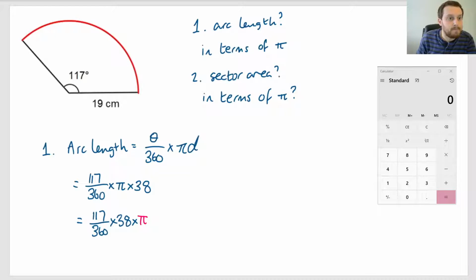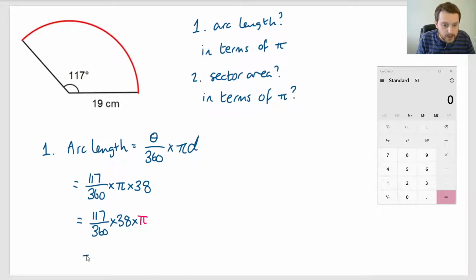So this pi is basically going to just hang around. All you're going to actually do is type in 117 over 360 times 38. Which, when the computer isn't frozen anymore, will be something I can do.